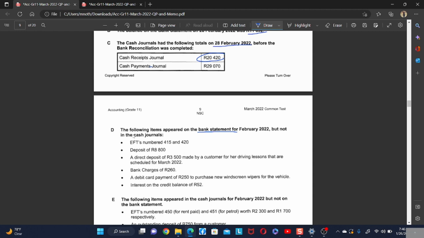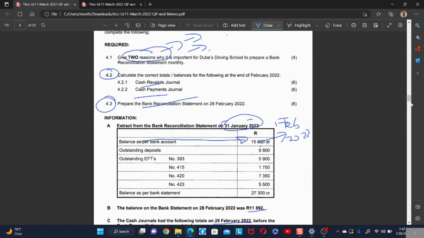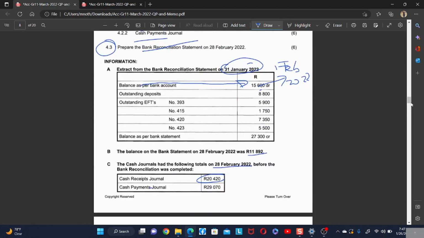But note this: if the EFT of the previous month bank reconciliation is appearing in the bank statement now, you must not record it anywhere. For example, this one and this one, they are appearing in our month's bank statement. So these two, we don't record them.